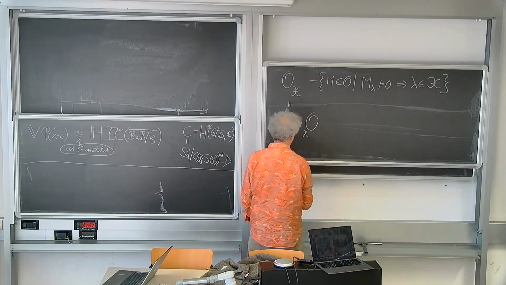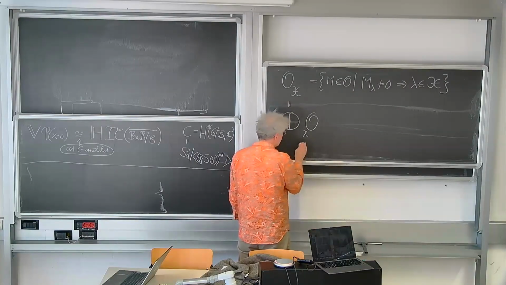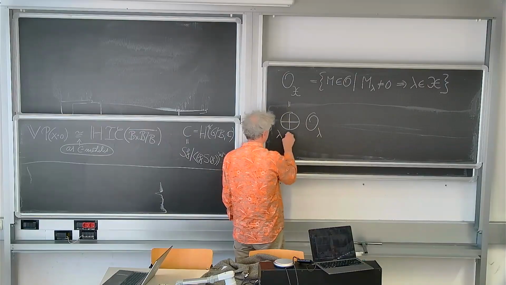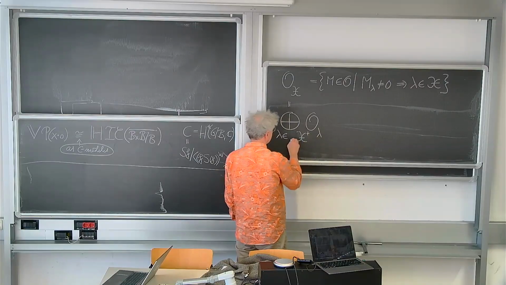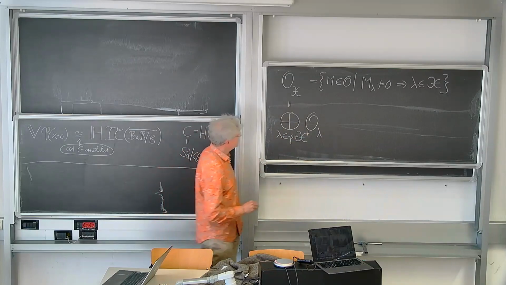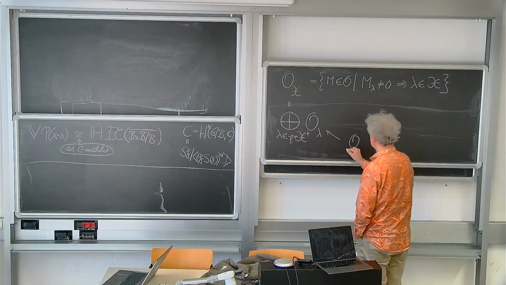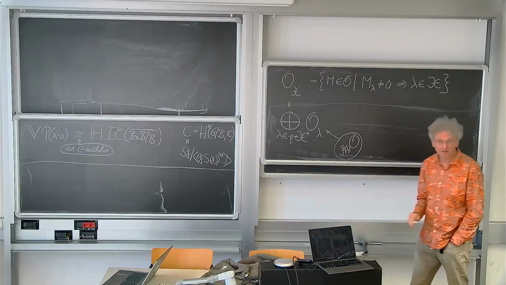But I would rename them and say it's the block O lambda, where lambda runs over the dominant integral weights, but I put a minus rho up front. And then these O lambdas are just the same as the O chi lambda before, the part killed by part of the center.